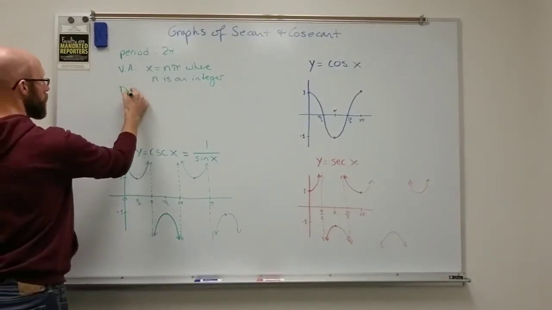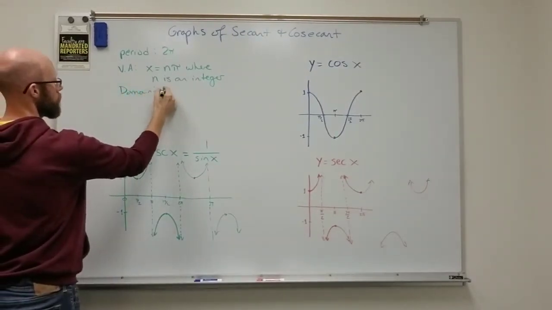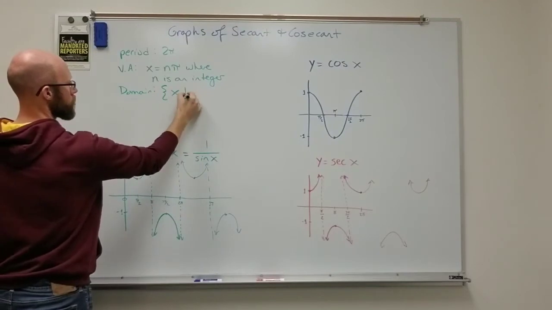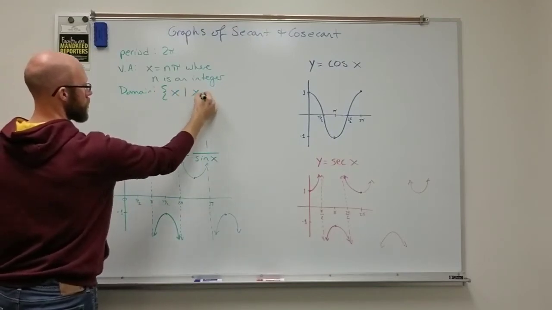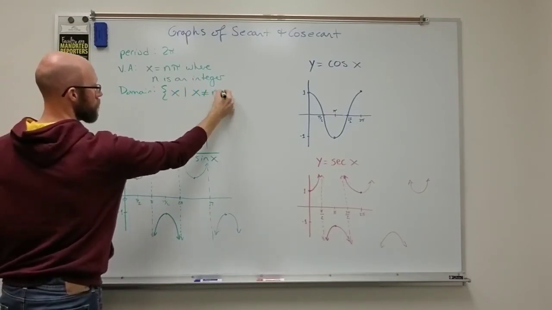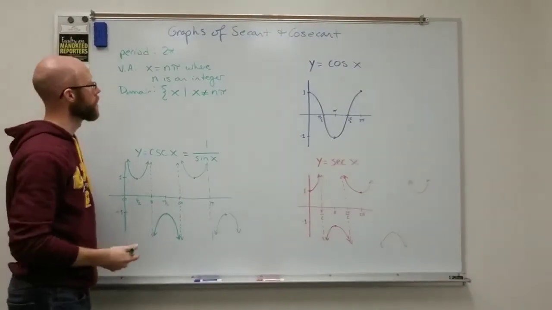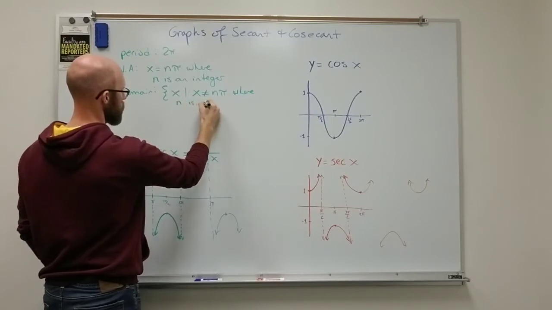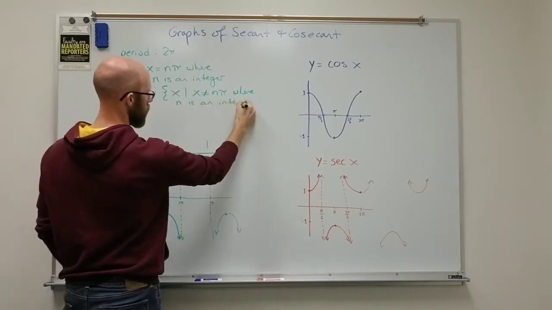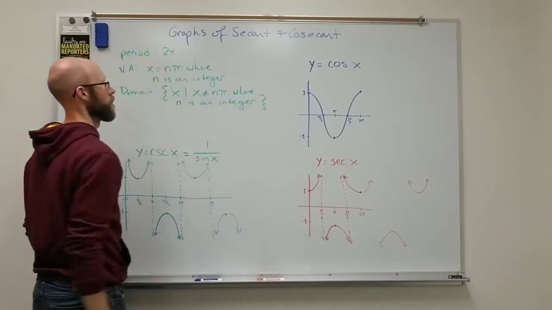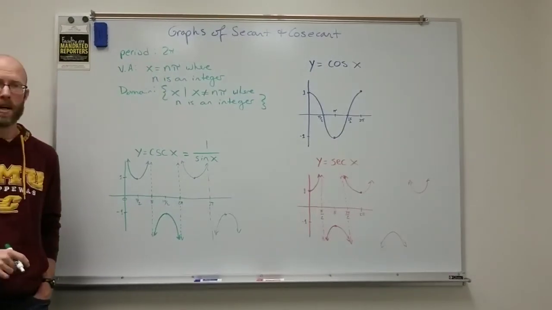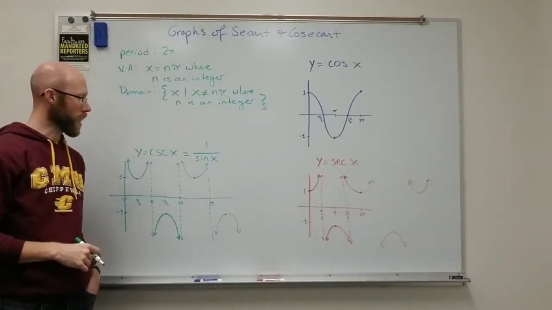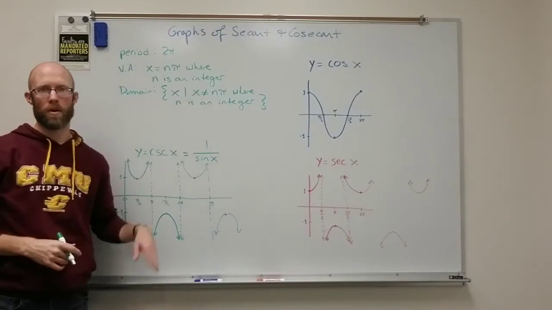So the domain is all values of x, where x is not equal to an integer multiple of pi, n pi, where n is an integer. Okay, so that's your domain. You can use any value of x except for multiples of pi.